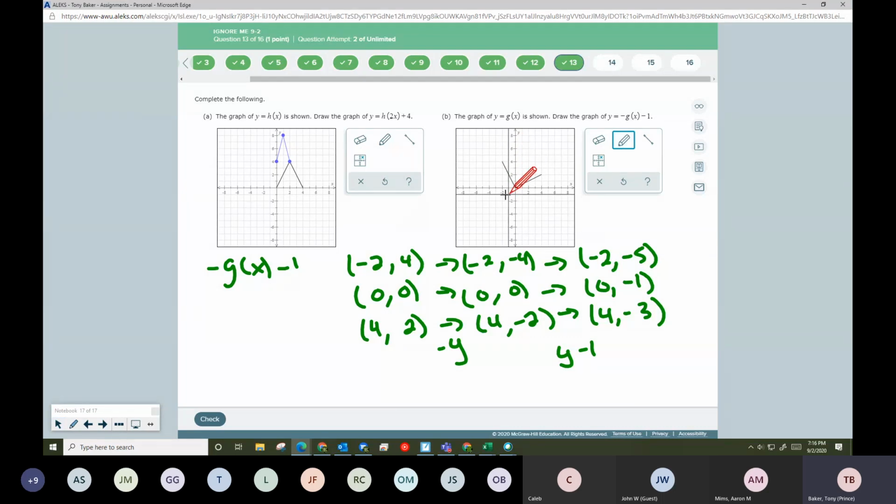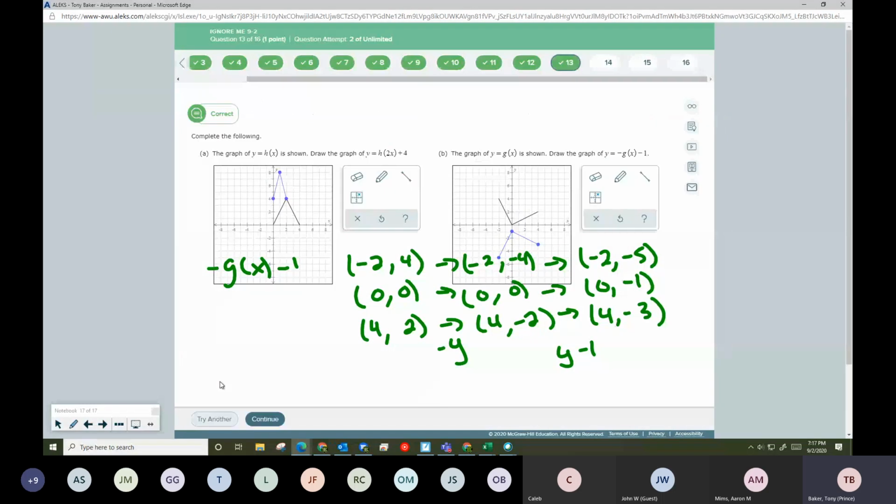So -2, -5, 0, -1, and 4, -3. And it's always nice when it comes up and says it's correct.